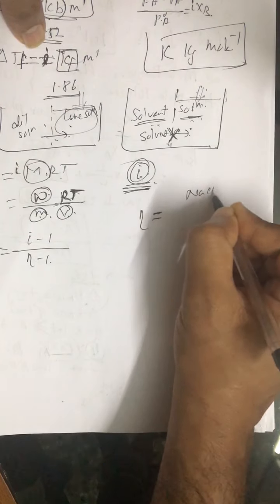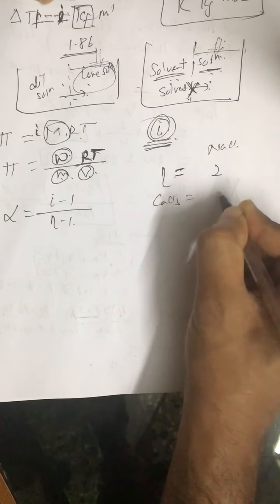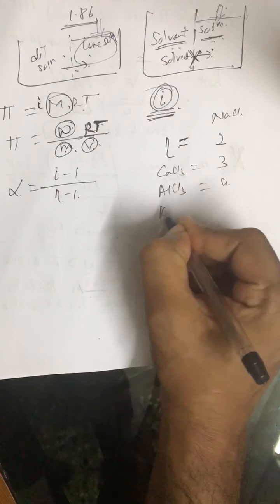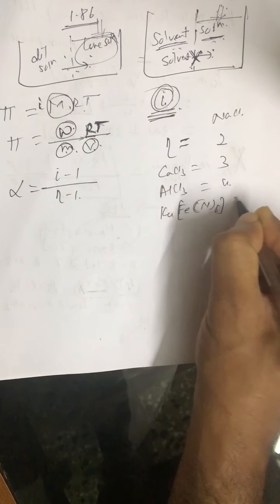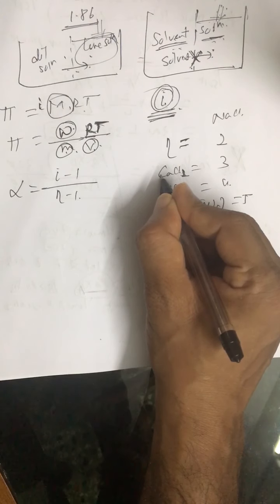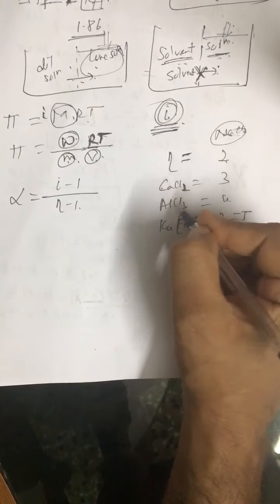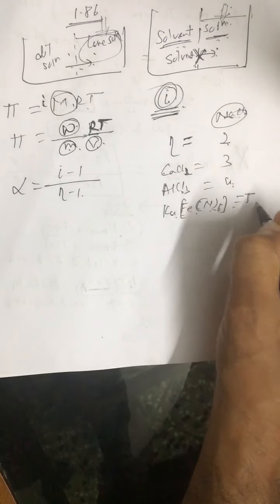Like for NaCl it is 2, for CaCl2 it is 3, for AlCl3 it is 4, for K4Fe(CN)6 it is 5. It means CaCl2: 2 plus 1, 3. For NaCl it is 1 plus 1, 2; for AlCl3, 3 plus 1, 4; K4Fe(CN)6, 4 plus 1, 5.